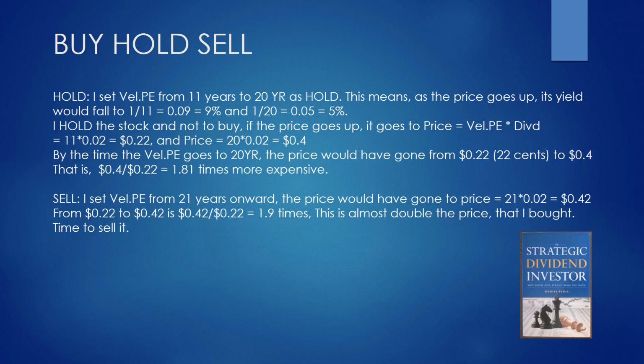By the time the velocity goes to 20 years, the price would have gone from 22 cents to $0.4, that is 0.4 divided by 0.22 equal to 1.81 times more expensive.